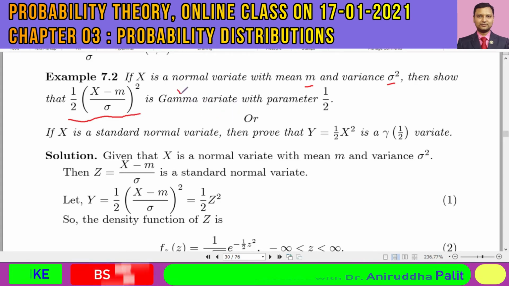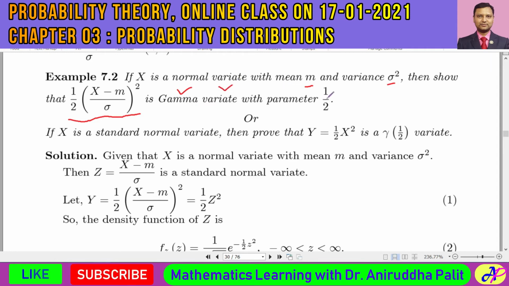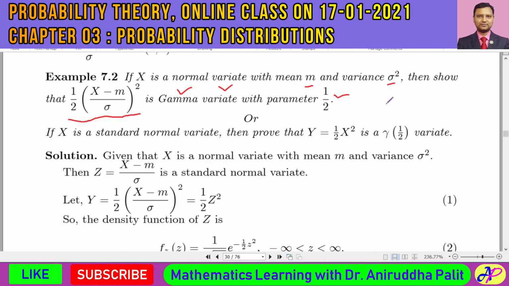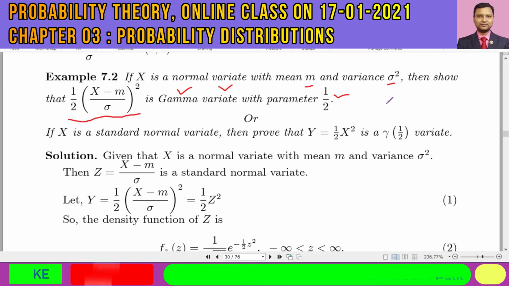We shall have to show that this is a gamma variate with parameter half. Okay, we know that in the case of the gamma distribution, the parameter l is a positive quantity. So we shall have to show that over here l is equal to half.